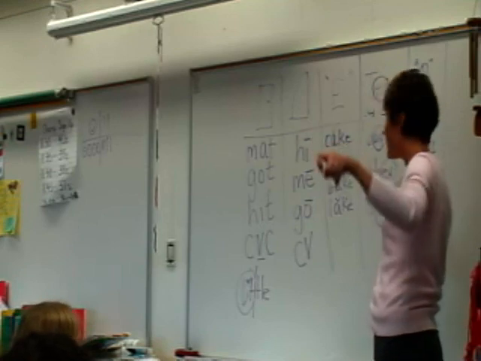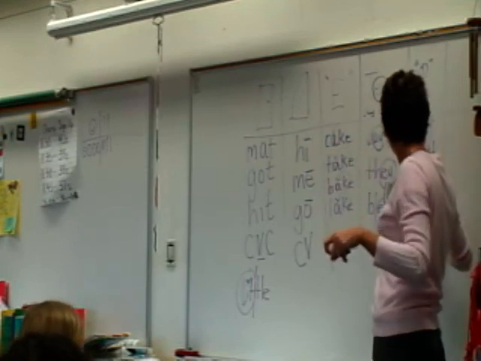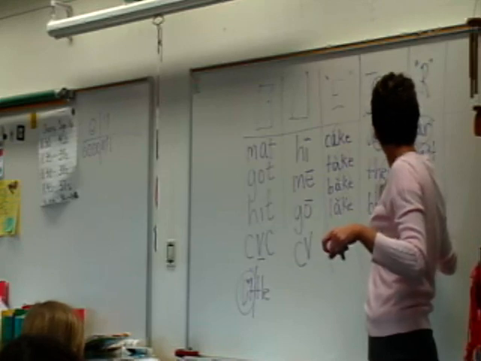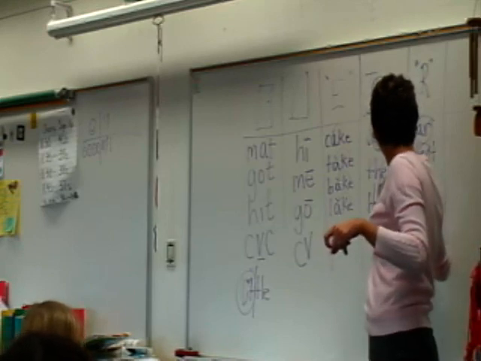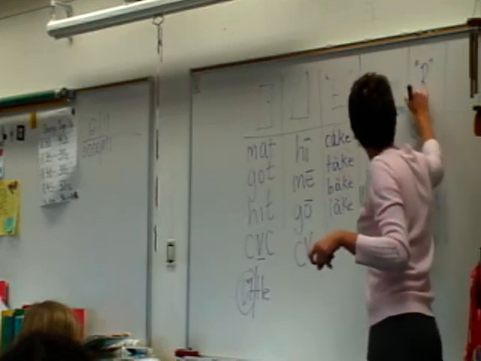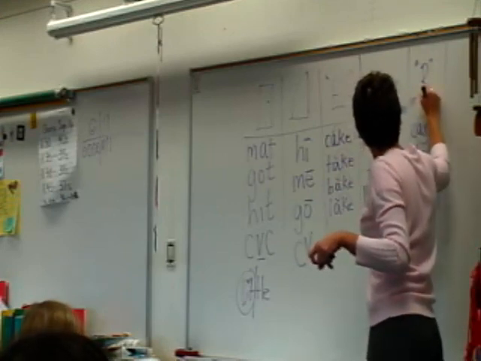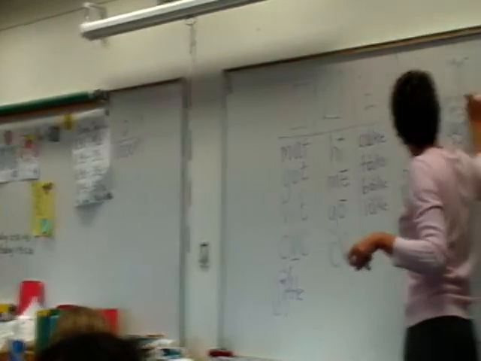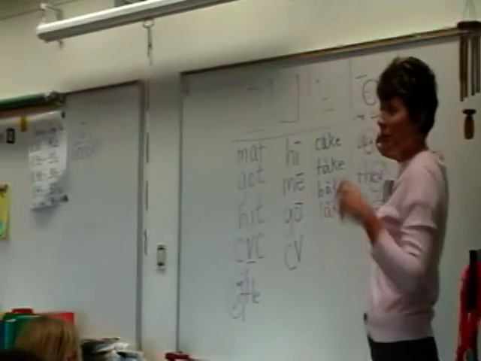But that's very good thinking. But I do want to make sure to have fern, like an E-R. So you have A-R, E-R, I-R, O-R, and U-R. Those are all our options there.